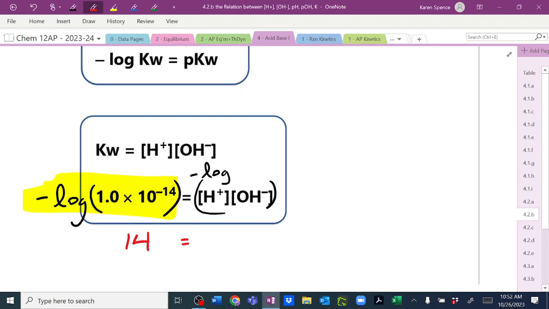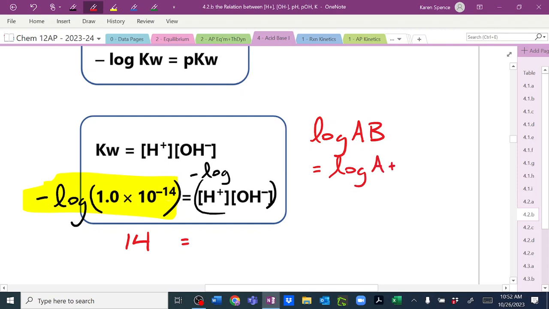Now, if I take the negative log of hydrogen times hydroxide, do you guys remember what it is? If you have the log of A times B, what is that the same as? Log A plus log B. If you haven't done your math course yet and you don't know this, that's fine.